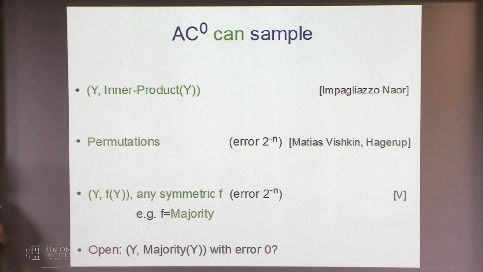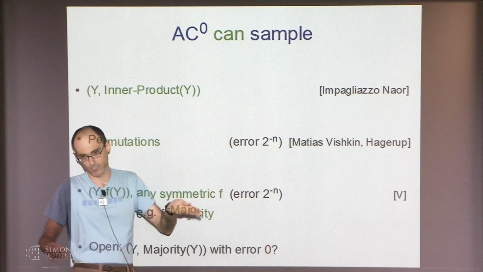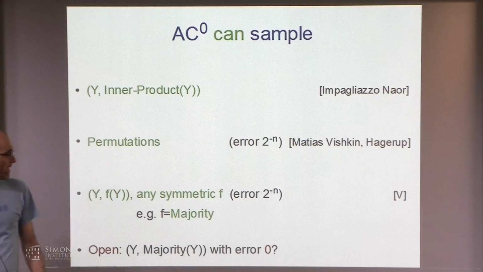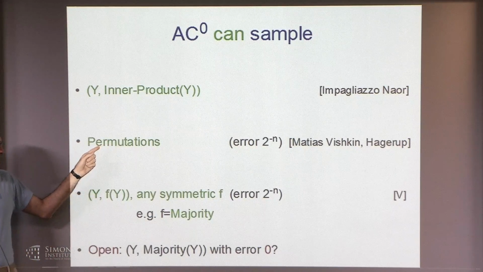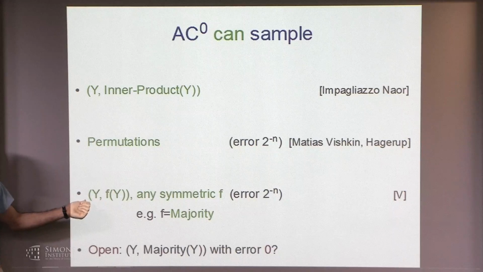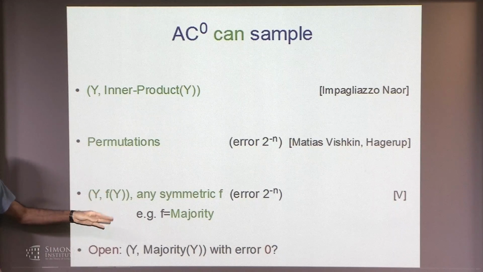So AC0 can sample something which is very close to a uniform permutation over n elements. And this thing has to have some small error because the number of permutations is not a power of 2. You can use this result to even do other things, like you can sample, for example, input-output pairs of any symmetric function.